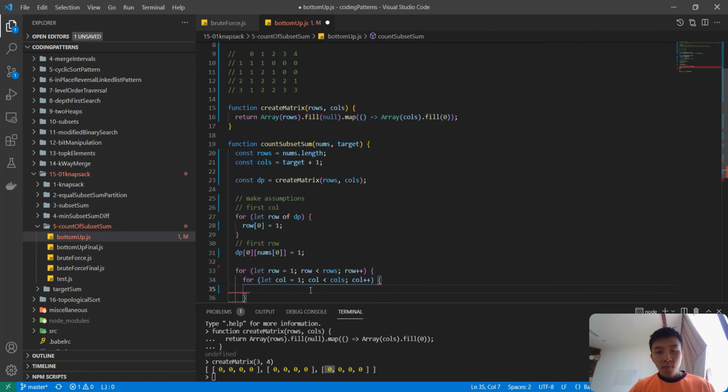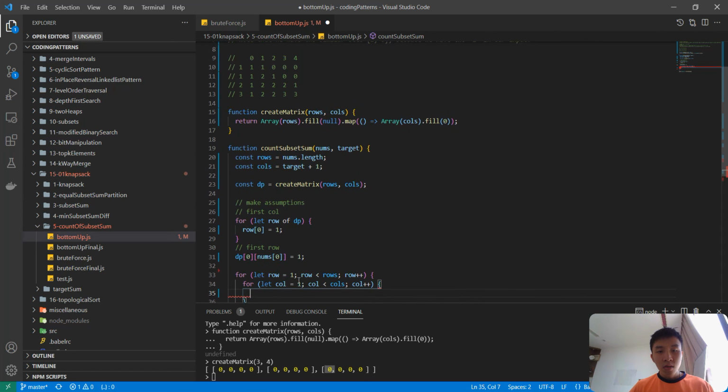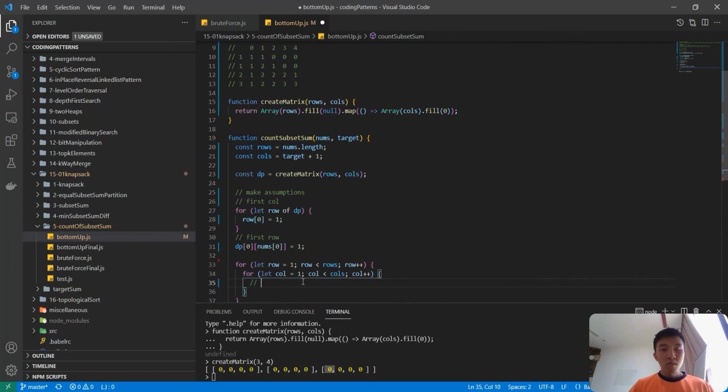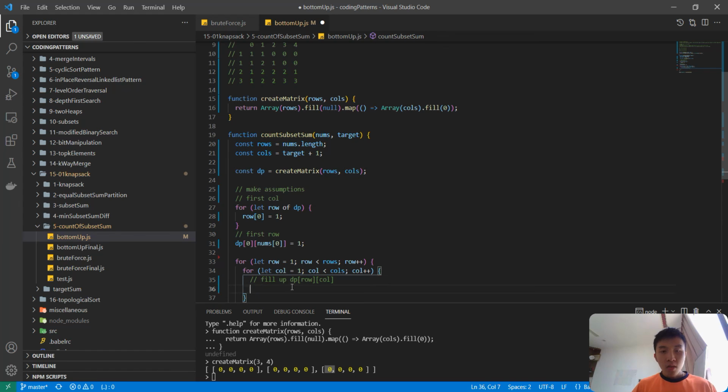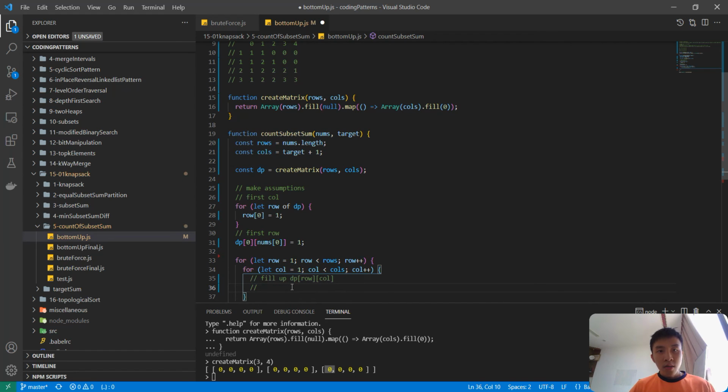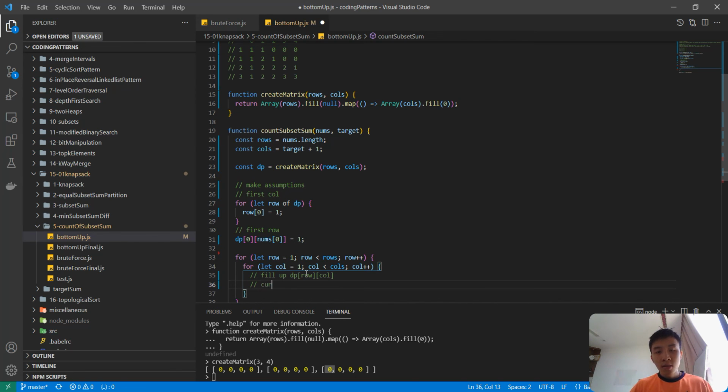So for each iteration here, we need to fill up dp at row and column. The current number that we are considering is nums at index row.